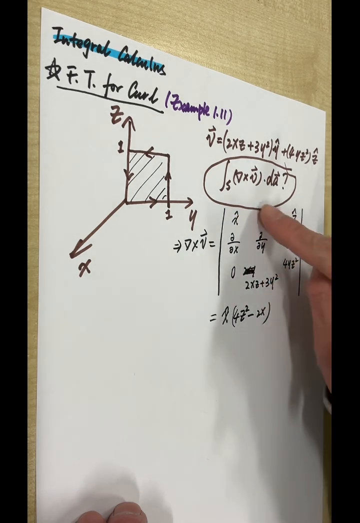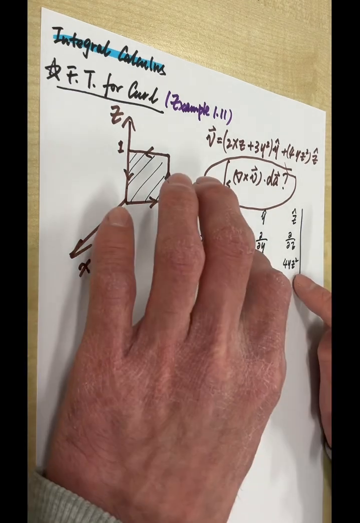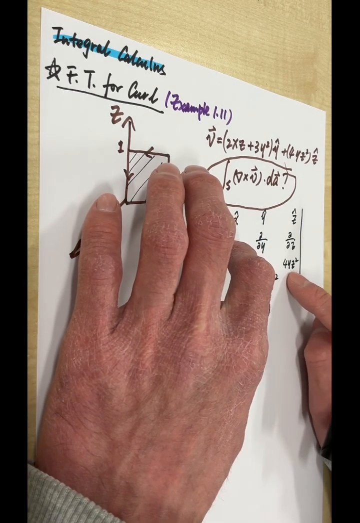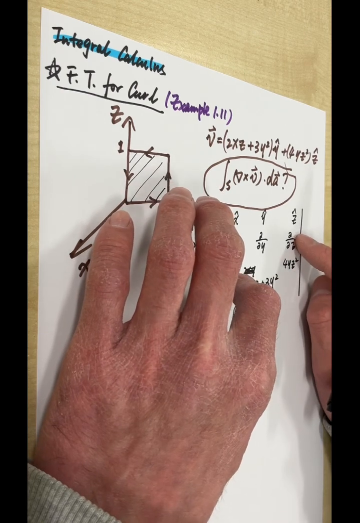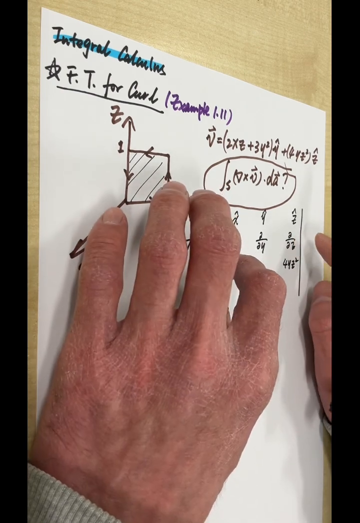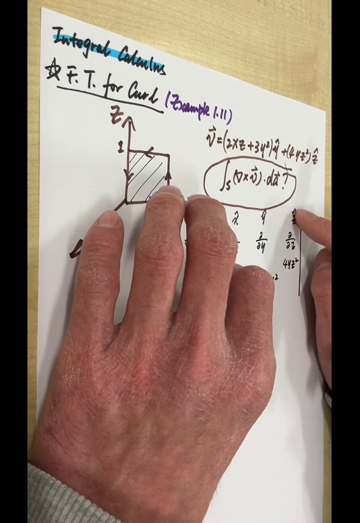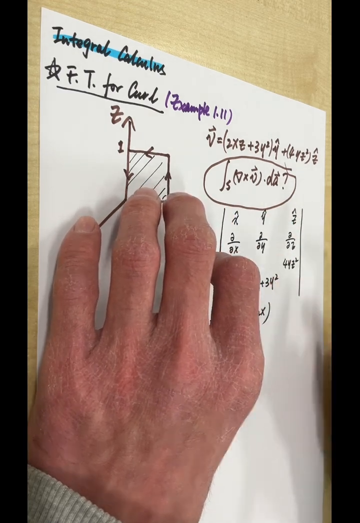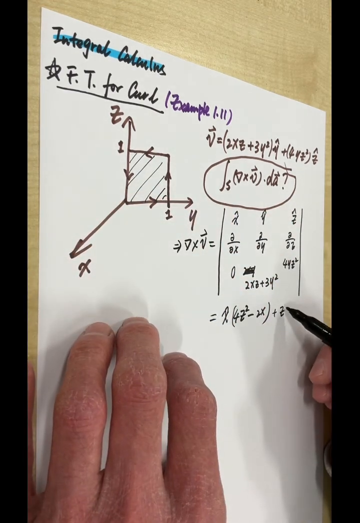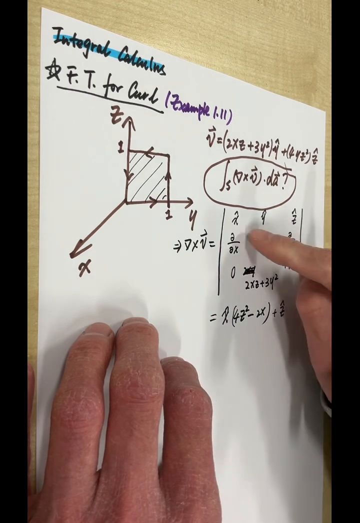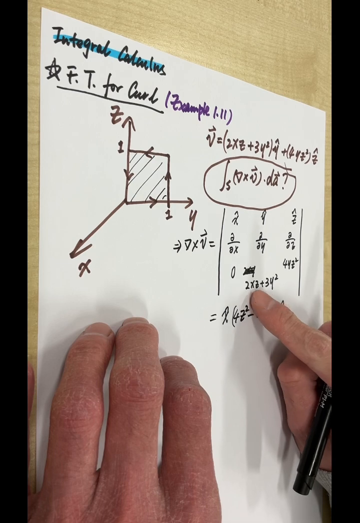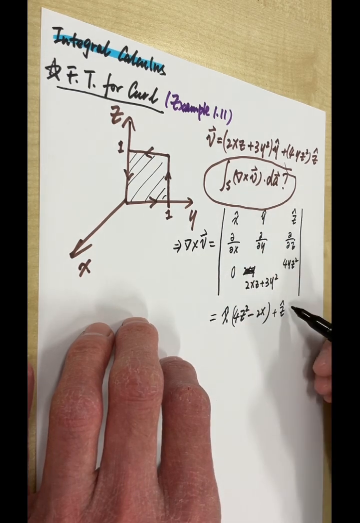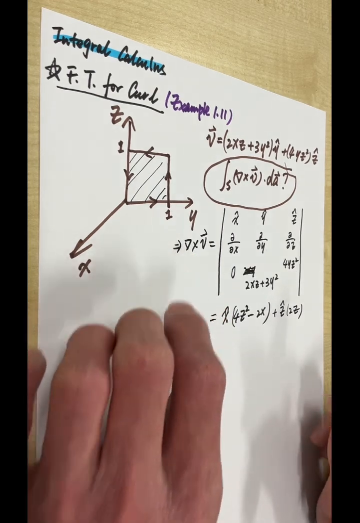And then for the y direction, this one is not a function of x. This would give us 0. And then this 2 is 0. So nothing on the y direction. And then on the z direction, here we have 2z, and then here we have 0. So this is 2z. So this is the curl.